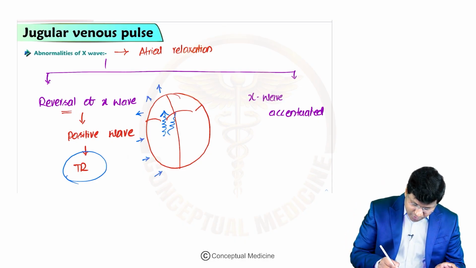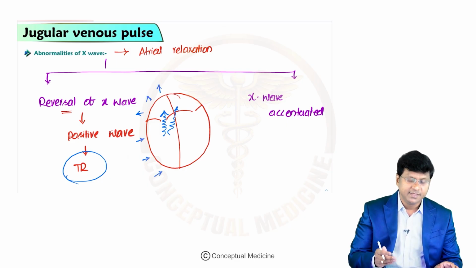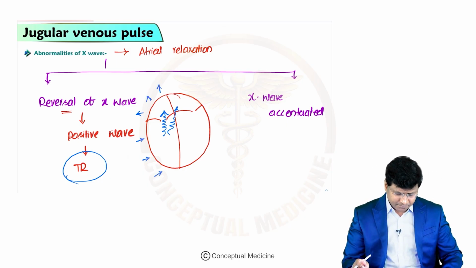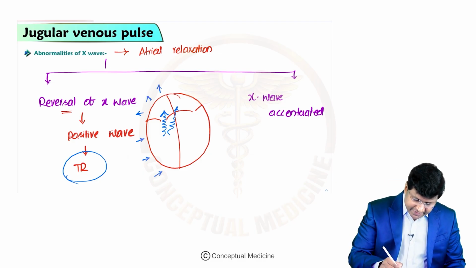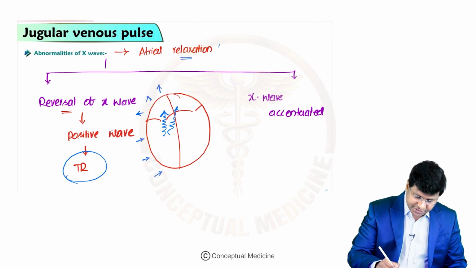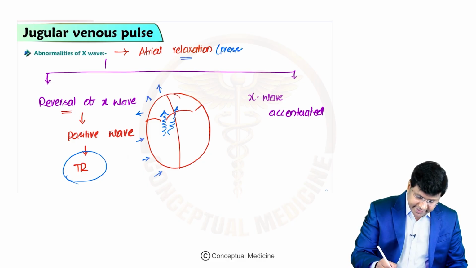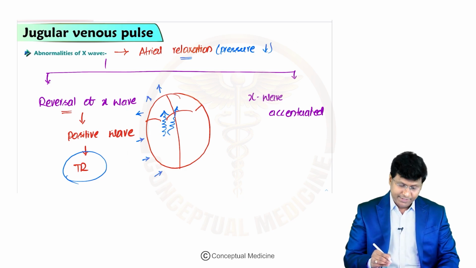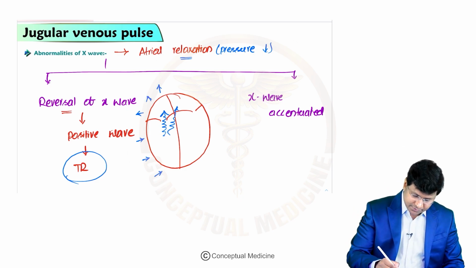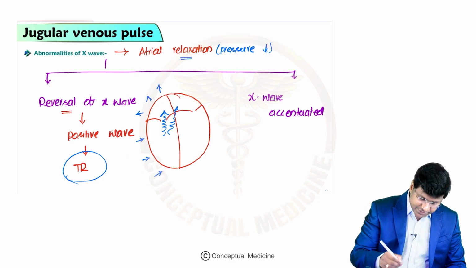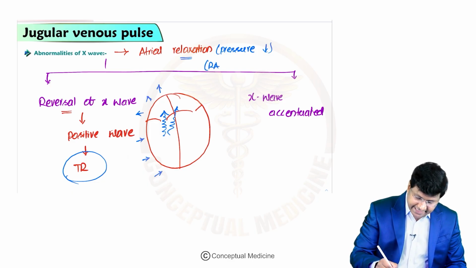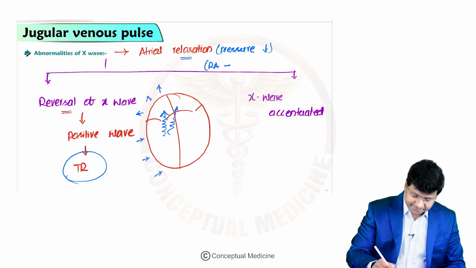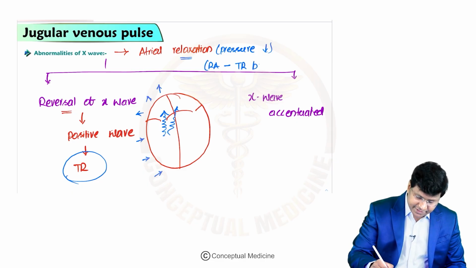Actually, some amount of blood enters into the pulmonary artery, but some amount of blood also enters into the right atrium. Normally, whenever the atrium is relaxing, the pressure within the atrium should decrease. But what is happening? During the time of relaxation, in tricuspid regurgitation, the right atrium is receiving tricuspid regurgitant blood.